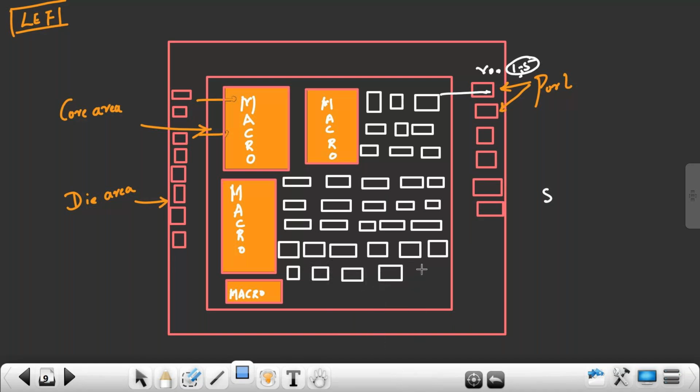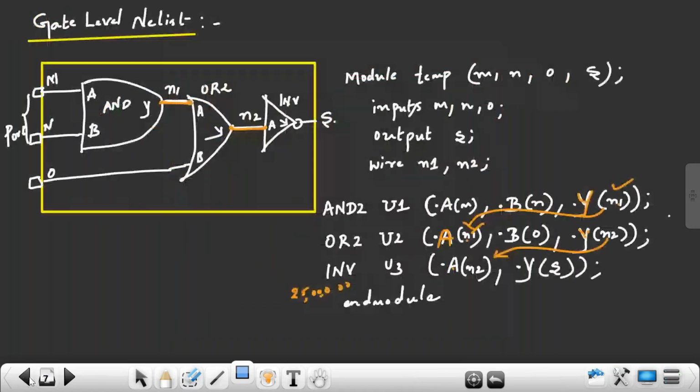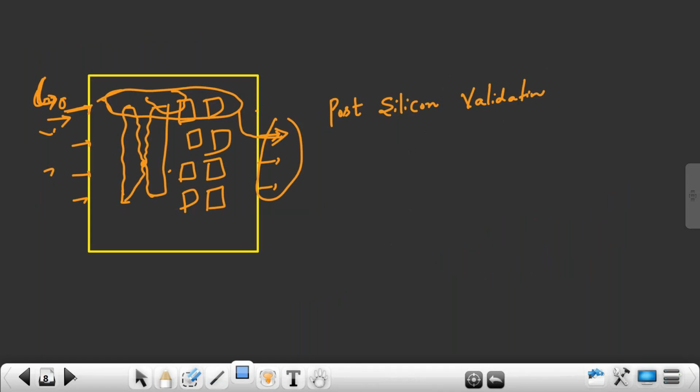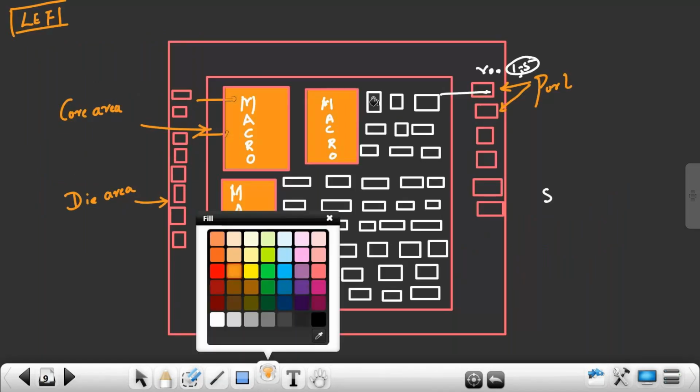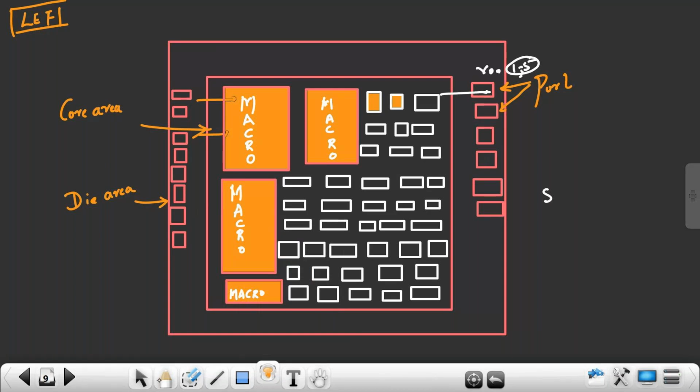See, I cannot place this randomly. My tool cannot place this randomly. My tool should analyze the connections. For example, you see here, this AND gate, U1 AND gate, is having connection to what? U2 OR gate. So the layout of AND gate and the layout of OR gate, this is U1 AND gate, this is U2 OR gate.